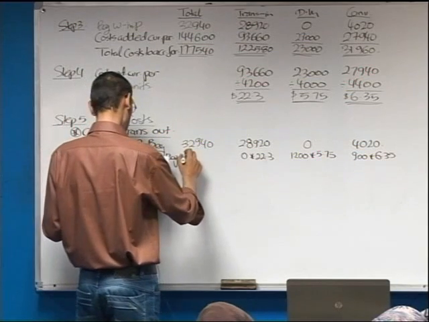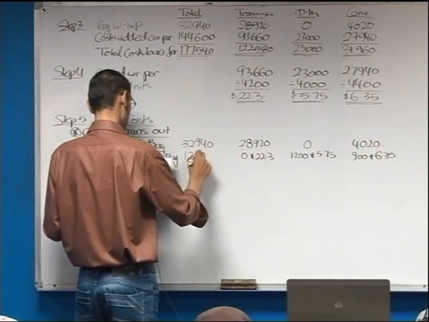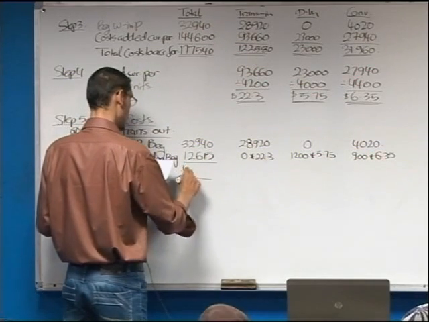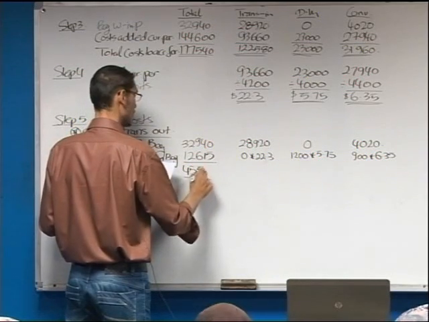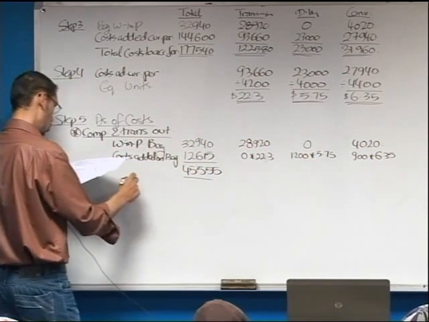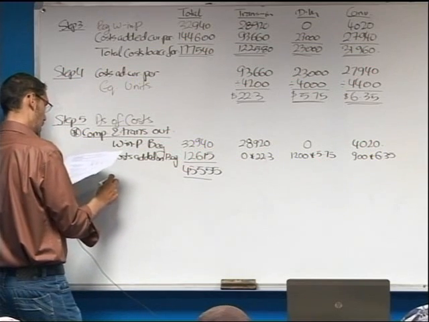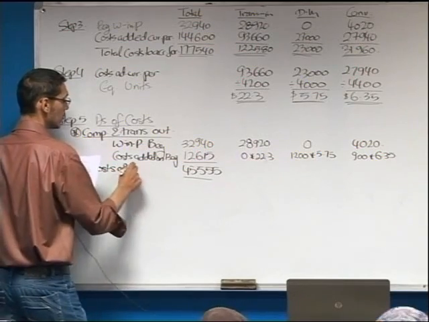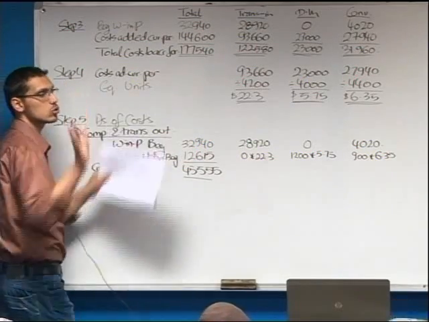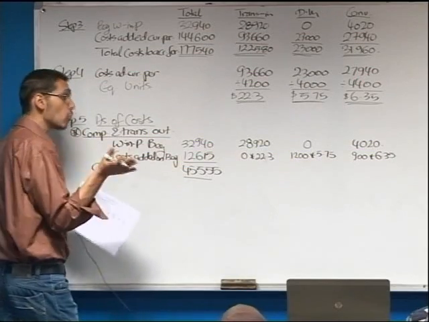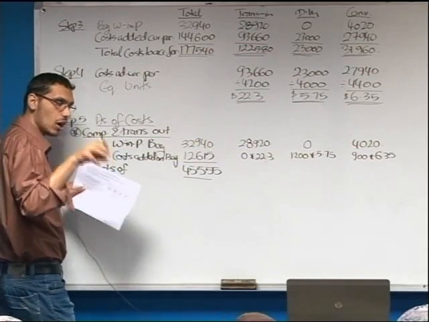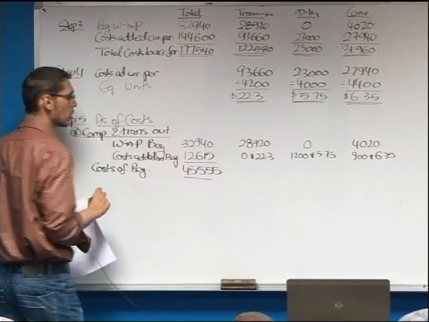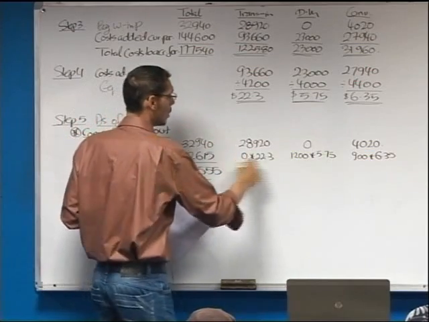The costs that are added is 12,615. The addition of these two numbers would be 45,555, which is the total costs of the beginning inventory. Of course, they are completed, but the origin of these completed units were from the beginning work in process.